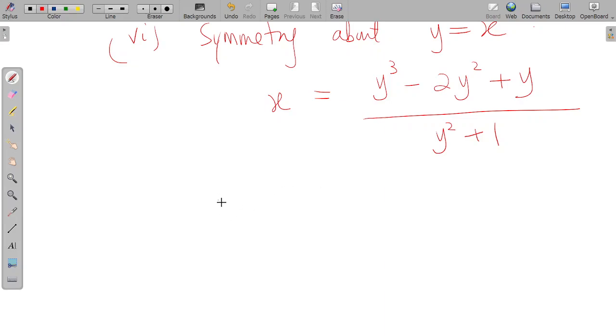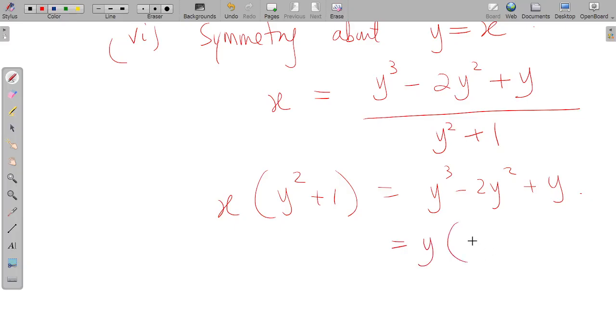So if I cross multiply this, I will have x into y squared plus 1 equals y cubed minus 2y squared plus this. Okay, I'm trying to make y the subject. So you will see now that if I factorize y out here, I'm going to be having y squared minus 2y plus 1.